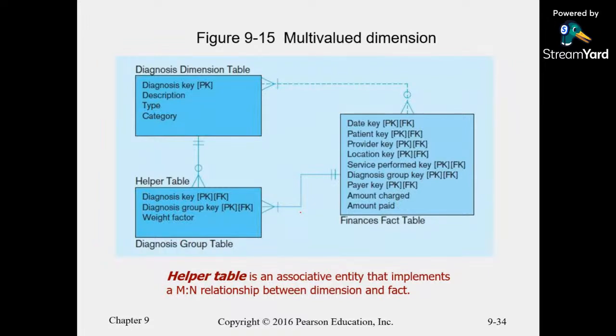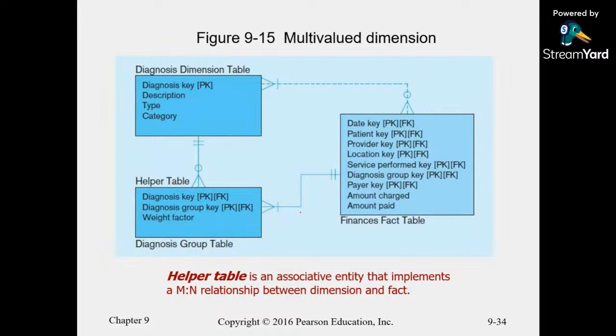Then we have the multi-dimensional or multi-valued dimension. Although fact tables are usually on the many side of a one-to-many relationship with their associated dimensions, there are circumstances where facts may need to have a many-to-many, M to N relationship.